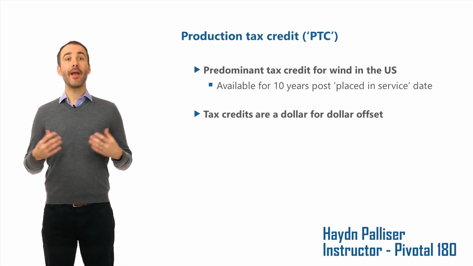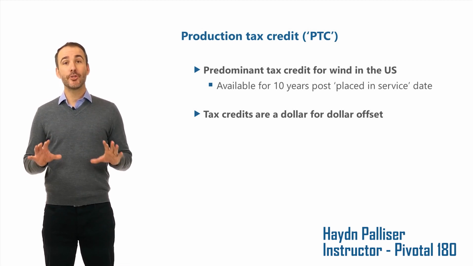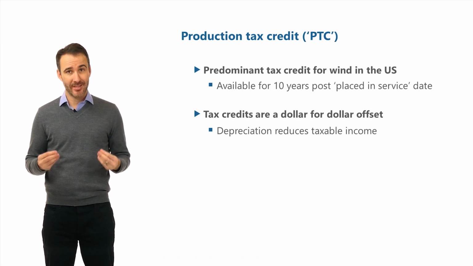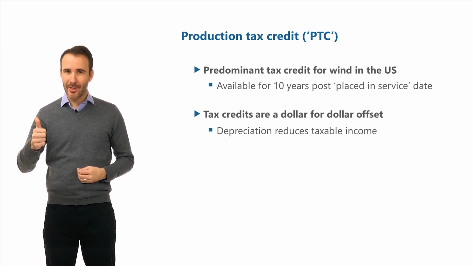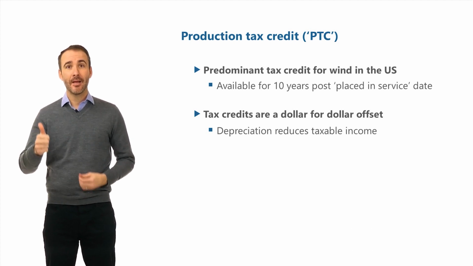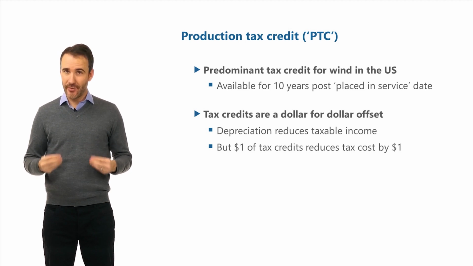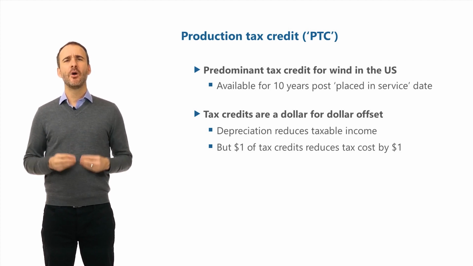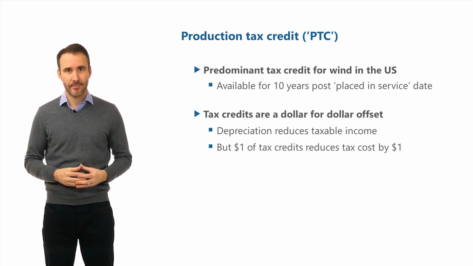So at a 21% federal tax rate, $1 of depreciation would reduce our tax bill by 21 cents. However, $1 of tax credit would reduce our tax bill by a full $1. The credit as of the 31st of December 2019 was worth 2.5 cents per kilowatt hour of electricity that is generated.